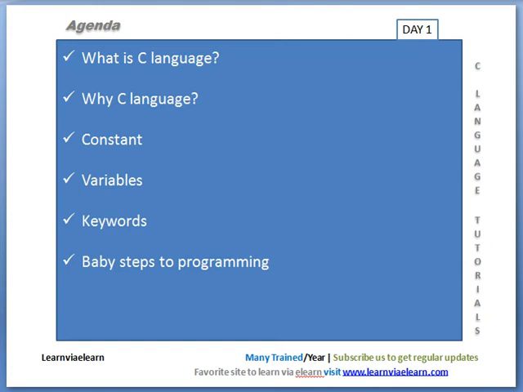There are 32 keywords available in C language, for example auto, double, int, struct, break, else, etc. We will discuss them in more detail when we move forward, probably in the next few chapters.